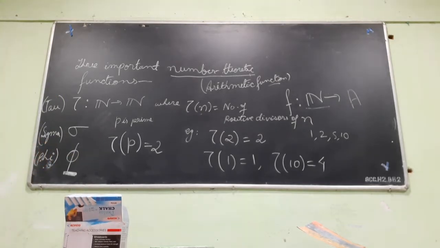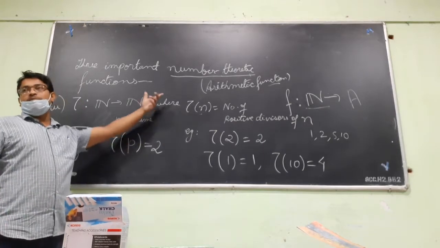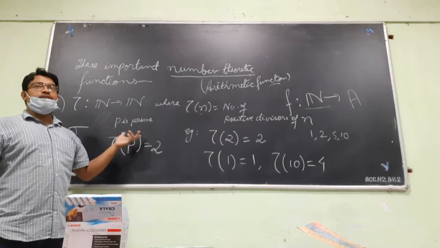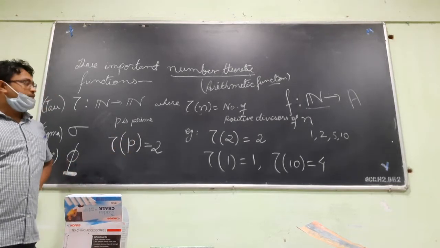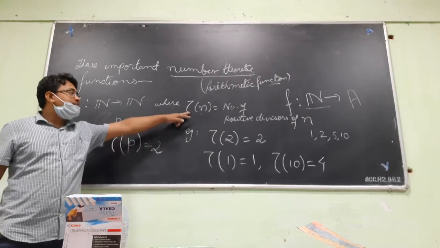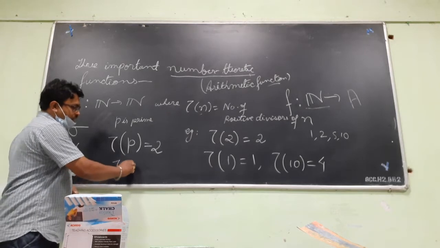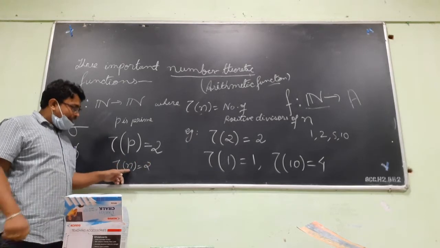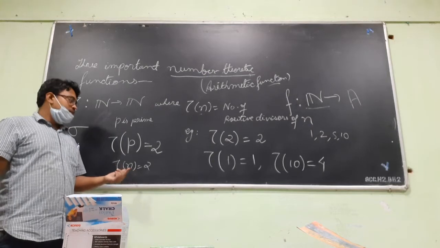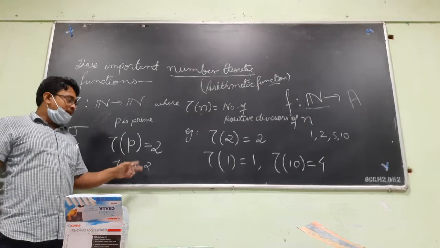Can you justify? If tau of n is 2, can we say that n is a prime number? So what is the definition of a prime number? A prime number is a number which has exactly 2 positive divisors, not less, not more. And tau of n gives us the number of positive divisors. So if tau of n is equal to 2, that means n has only two positive divisors, but those two positive divisors have to be one and the number itself.